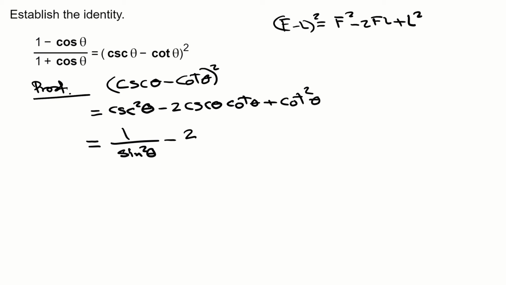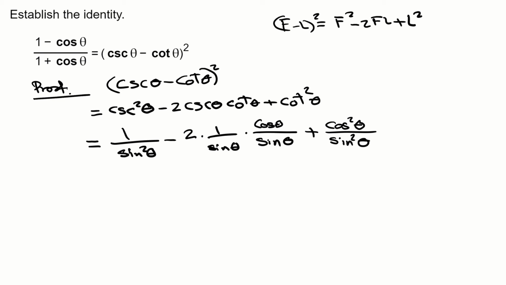So instead of cosecant theta, we'll write times 1 over sine theta. Instead of cotangent, we'll write cosine theta over sine theta. Finally, the cotangent squared theta we'll write as cosine squared theta over sine squared theta.